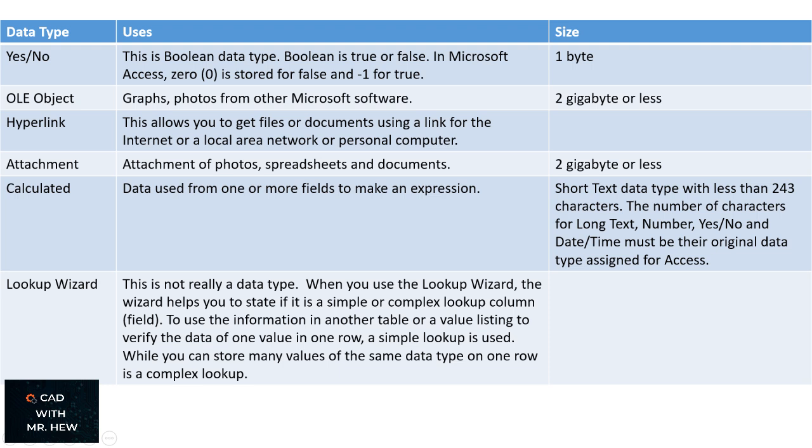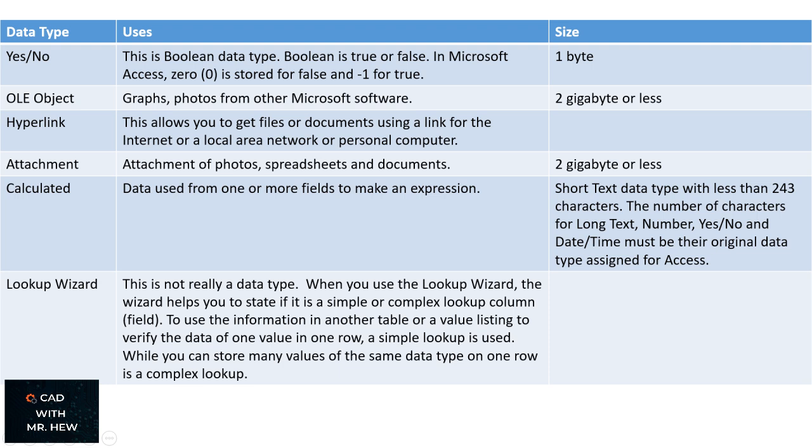So remember, for example, long text had up to 1 gigabyte, and number had 1, 2, 4, 8, or 16 bytes. That's based on the original assignment of the sizes that Access allows for these data types. So if you are using yes or no, for example, the size is 1 byte.